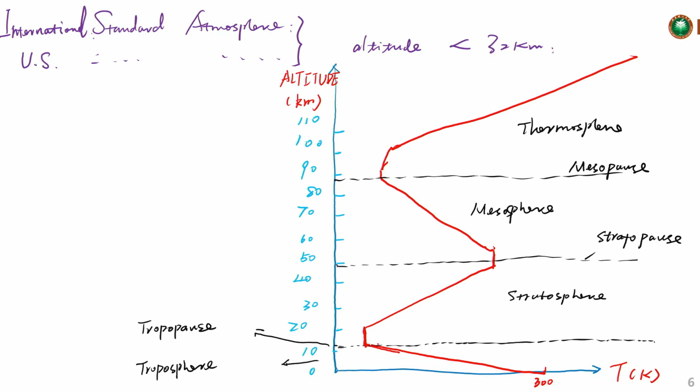We can say its temperature is very high. So this is the temperature evolution inside the atmosphere, and it depends on which layer it is. For us, what we mostly concentrate on is the troposphere, whose length is around 11 kilometers.